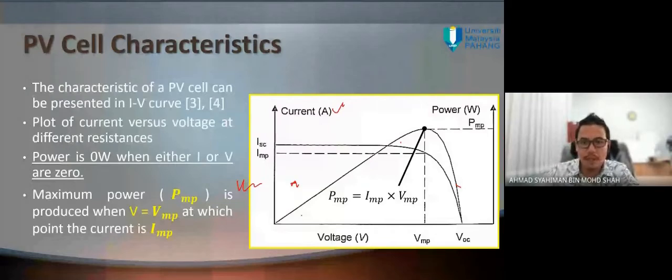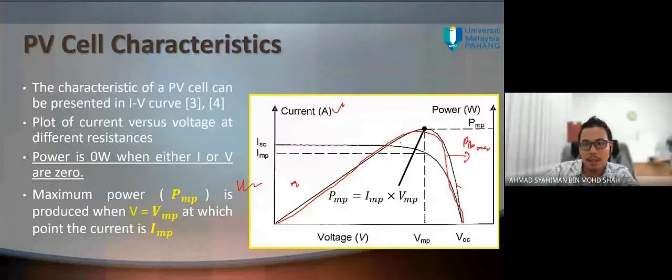So this is the IV curve that I explained last Monday, where this is the curve for the power.